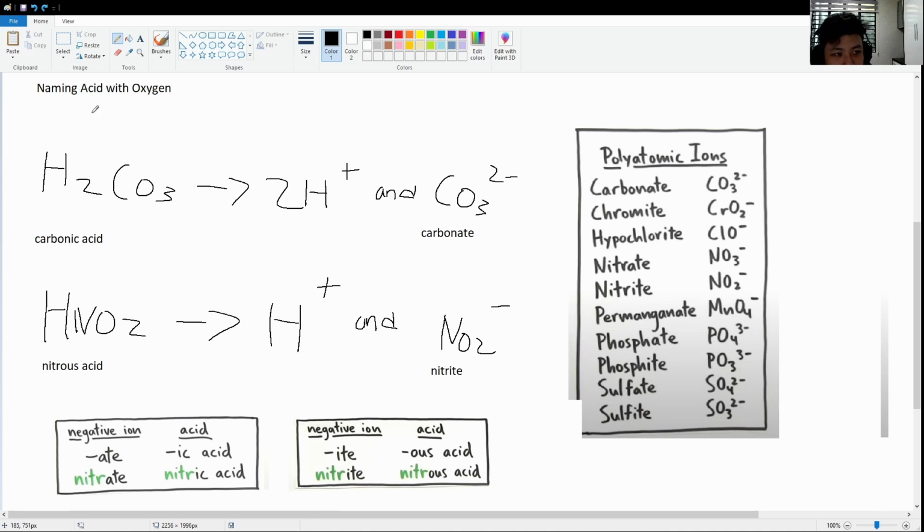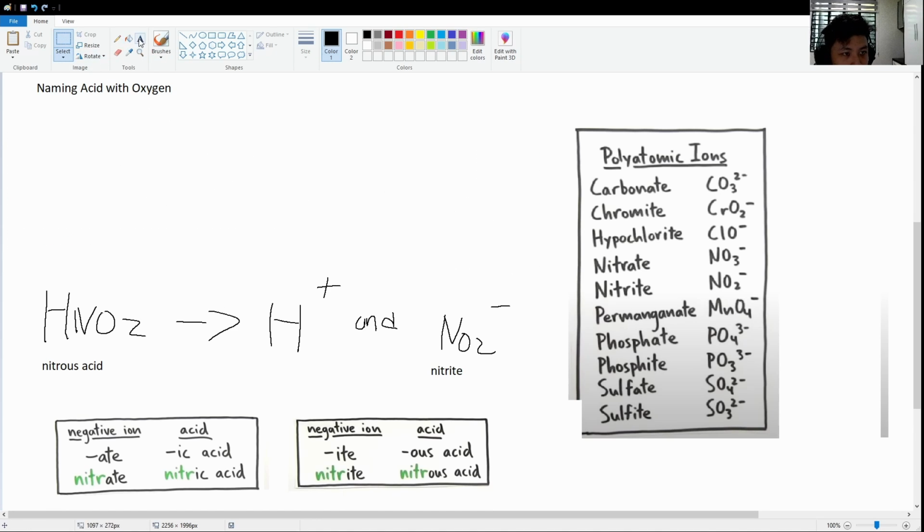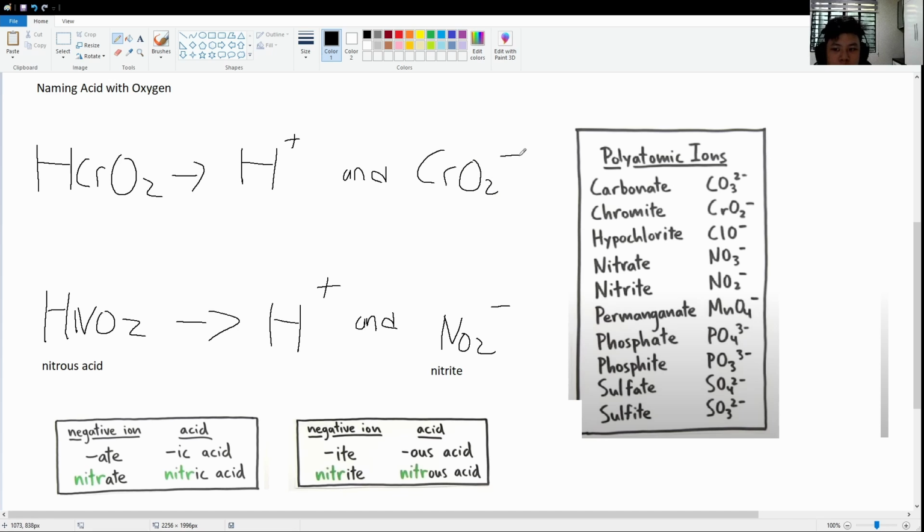So the next example is, let me delete this. The next acid is HCrO2. Break this down, H plus and CrO2 minus, which you can see here is chromite.